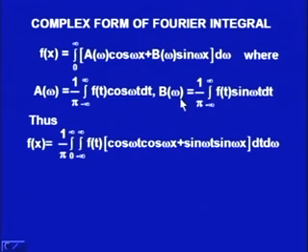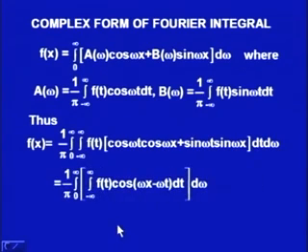Similarly, here the integral would be 1 upon pi, that is again common, minus infinity to plus infinity. I have joined the two integrals because of the properties of definite integral, so we can write a single integral f(t) sin omega t and sin omega x. So, f(t) again I have taken common, and this term has come as cos omega t cos omega x plus sin omega t sin omega x dt d omega.